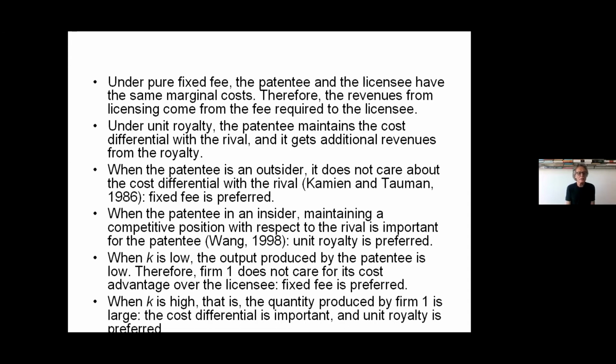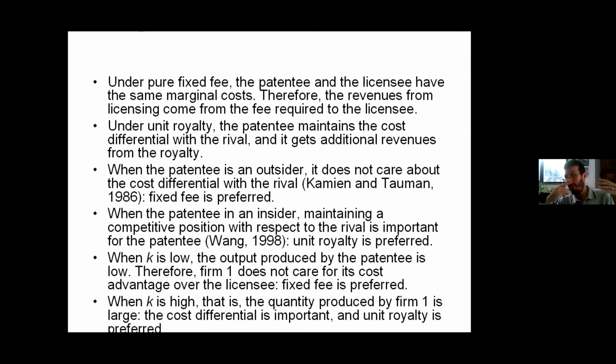Your question is connected to a point that I would like to develop more in this paper, because what we assume is that K is exogenous. We assume that you have this exogenous capacity of the patentee. It might be interesting to endogenize the level of capacity.